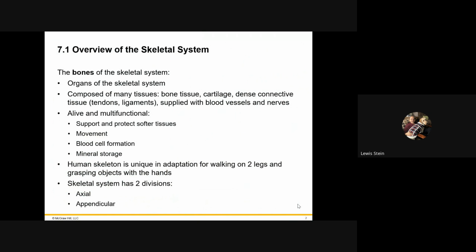At any one time, we probably have a rather substantial amount of calcium moving around in our systems. It's maintained homeostatically by negative feedback in a range of roughly 8.5 to 10.5 milligrams per 100 milliliters of blood.